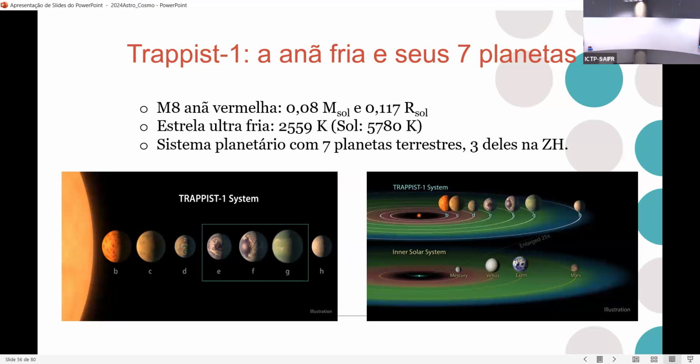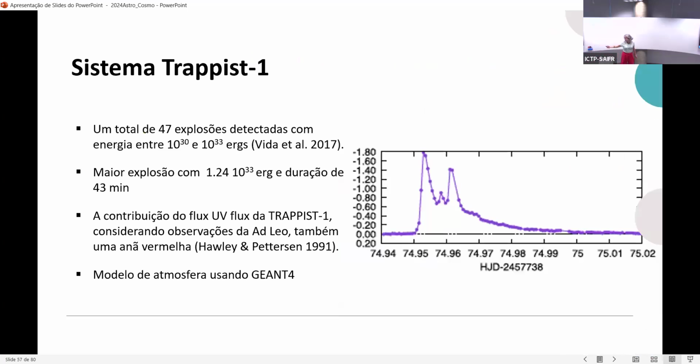And so what happened is that the habitable zone is much closer to the star. And this star has 7 exoplanets, all detected from transit. So that's what's interesting about it. And it also produces flares. It was observed during the K2 mission, the extension of the Kepler mission, and a total of 47 flares were detected.